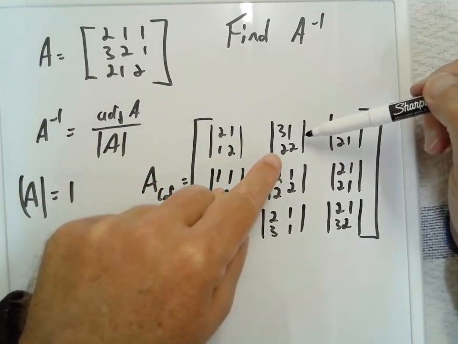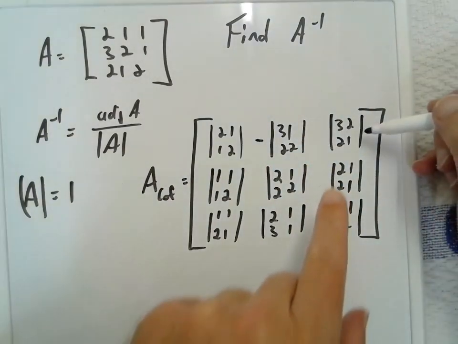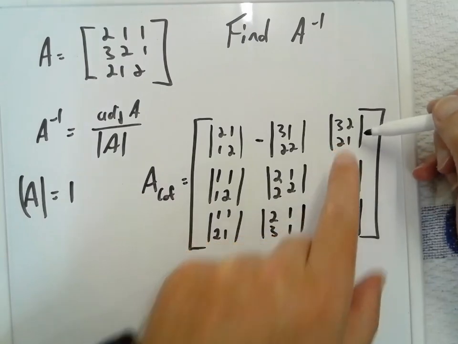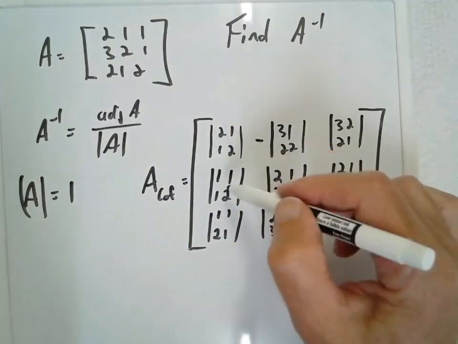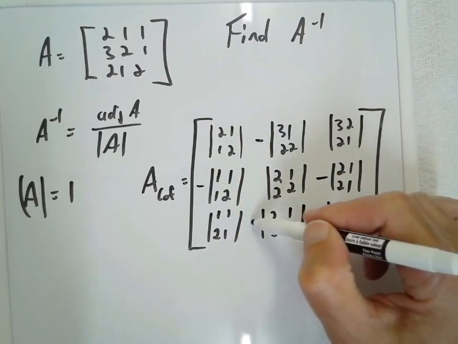Row 1, column 2, 1 plus 2 is 3, odd, so that's negative. Row 1, column 3, 1 plus 3 is 4, that's even, so that's positive. Row 2, column 1, 2 and 1 is 3, you can see the pattern there. Okay.